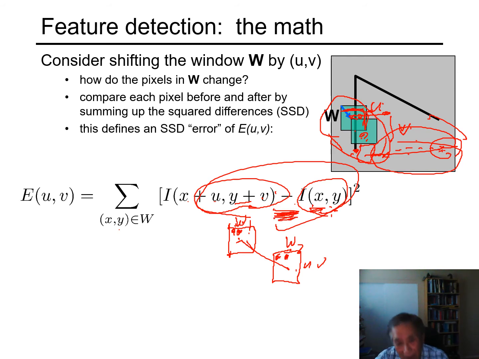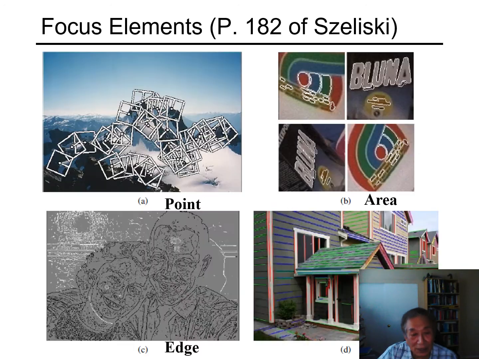But negative or positive, when it is big, then it is big. That's a big difference. By squaring it, we make sure everything is positive, and we also magnify it so that we can distinguish more of the differences. That's how we are detecting the differences from one window's contents to the next window's contents.